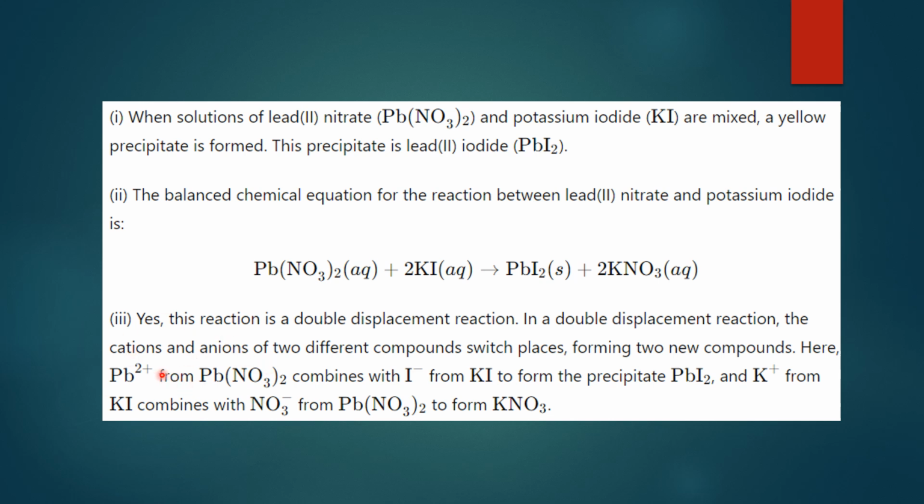So from this part, you are getting Pb2 plus, okay? And from here you get I minus. So this Pb2 plus reacts with I minus. So two I minus are needed, it gives PbI2. Similarly, we get K plus from here and NO3 minus from here. So these also react to give you KNO3. So this is the balanced chemical reaction for this particular case.